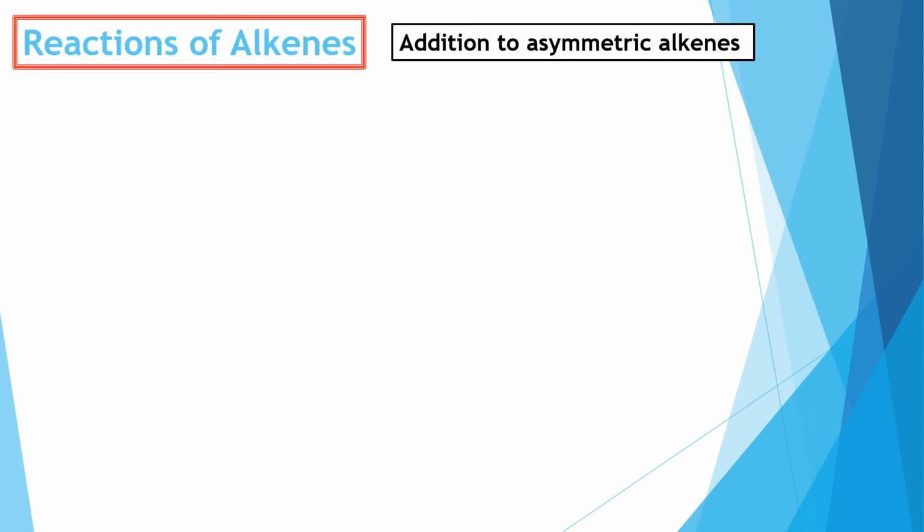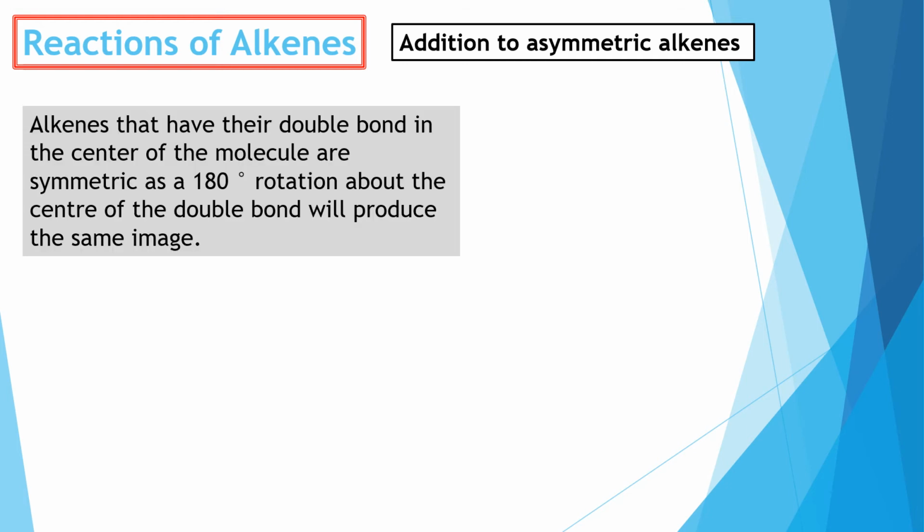Okay, so sometimes when we do addition, we're adding to asymmetric alkenes, and it produces two different products. Before we can work out whether this occurs or not, we have to better identify what type of alkene is asymmetric. So a technique that I use for identifying whether something is symmetric or asymmetric is I take the molecule and I put an X in the middle of it.